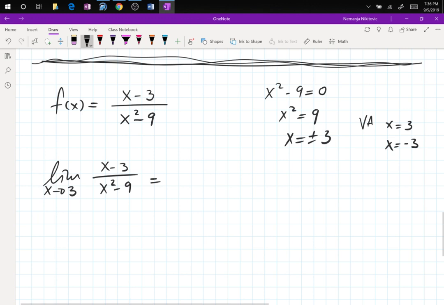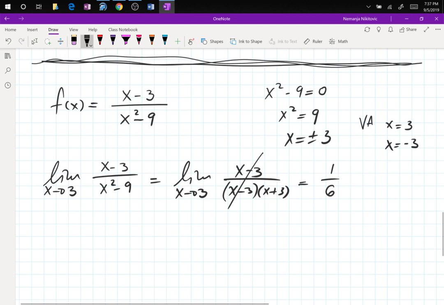Well, we just learned an hour ago the way to solve this limit. It's 0 in the denominator, so I can't plug in. So what must I do? Factor and cancel. Very good. So the limit as x goes to 3 of x minus 3 divided by x minus 3 times x plus 3. These cancel, and I get 1 over 6.